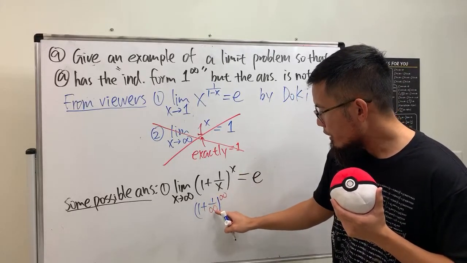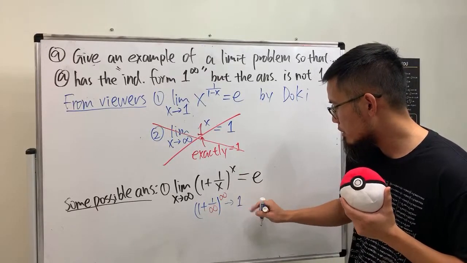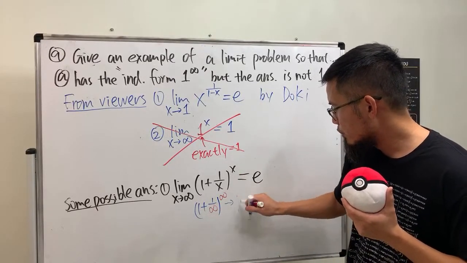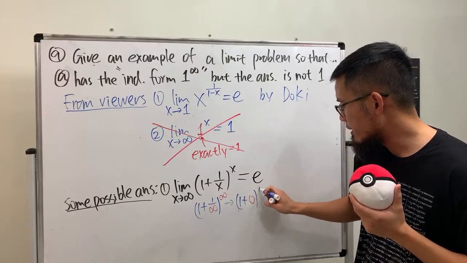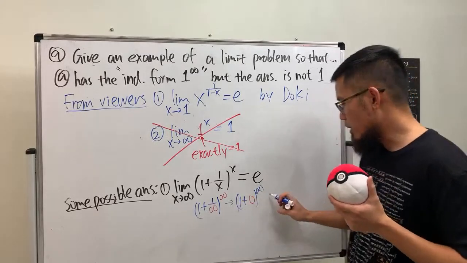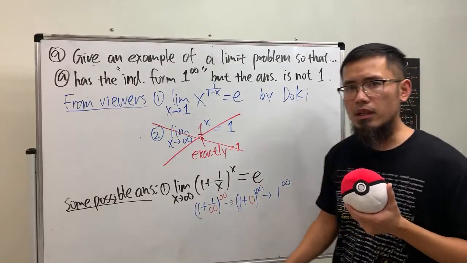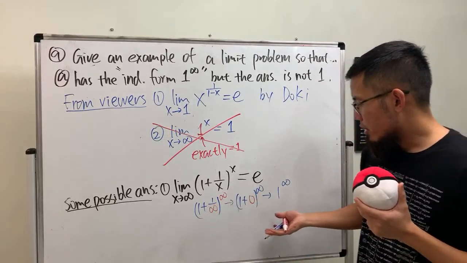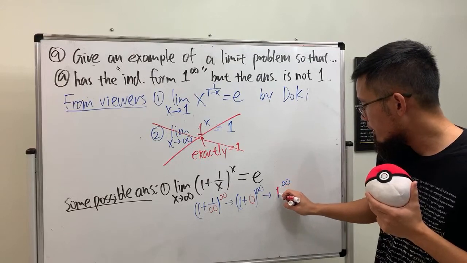Well, 1 over infinity is approaching 0, so we have 1 plus 0, and then raised to the infinity's power. And 1 plus 0 is approaching 1, and then to the infinity's power. So take a look, this is what we have. 1 plus 0 is equal to 1.